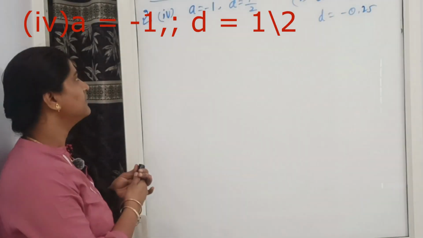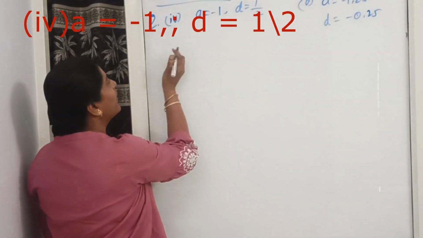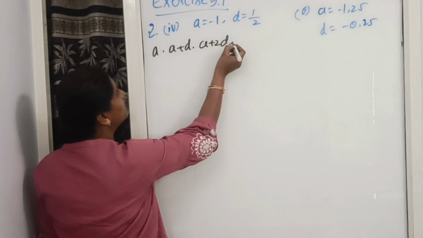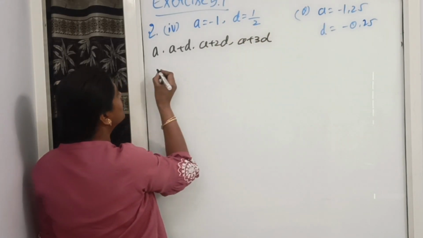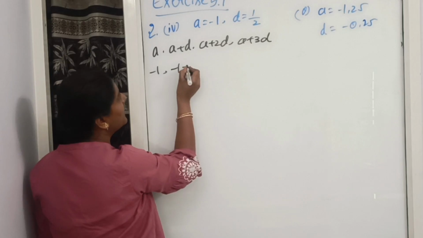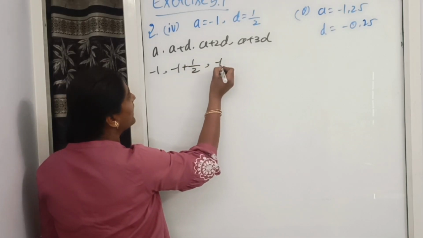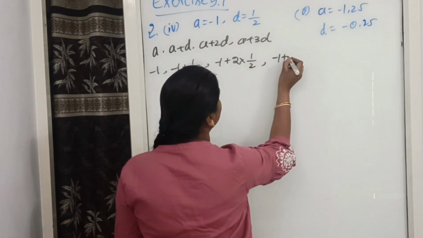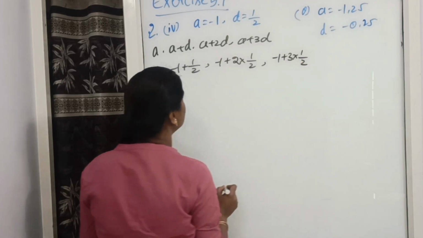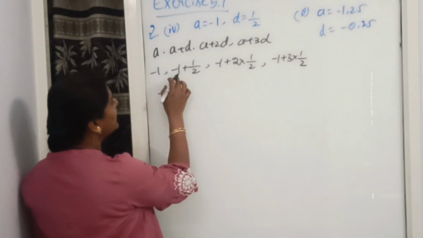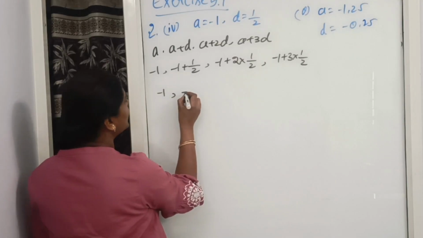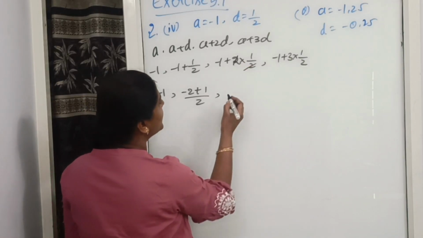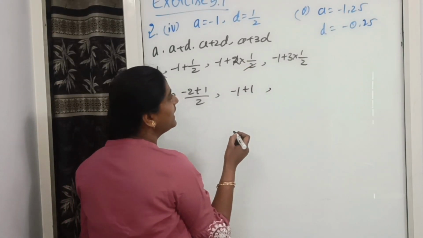Let us see the fourth sum. A is minus 1 and D is 1 by 2. So let us write the general formula. A is minus 1, A plus D, A plus 2 times D and A plus 3 times D. Minus 1, here take the LCM: 2 into minus 1 is minus 2, plus 1, whole divided by 2. 2 getting cancelled, the remaining thing is minus 1 plus 1.